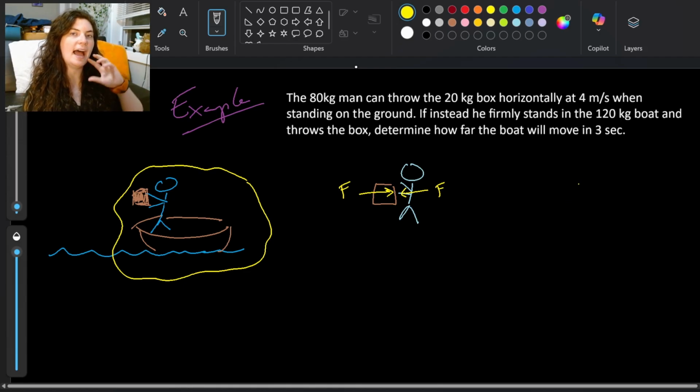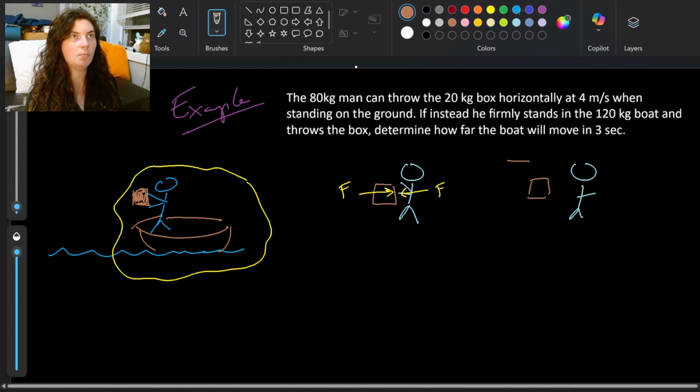And then what happens after the box is thrown is that right after that box leaves the man's hands, they're not touching each other anymore, right? Here we have man. Here we have box, where now box is moving to the left. It's got some velocity moving to the left, no longer touching boat and man.